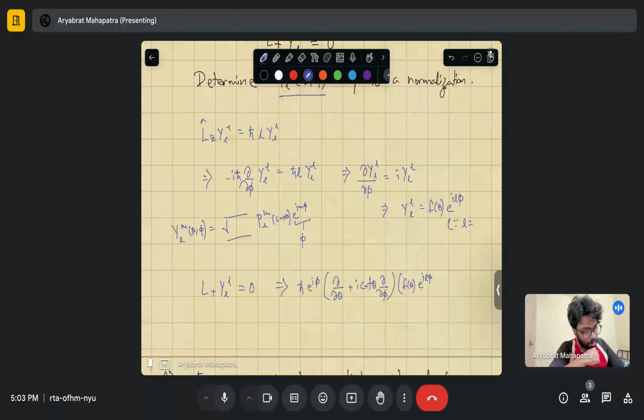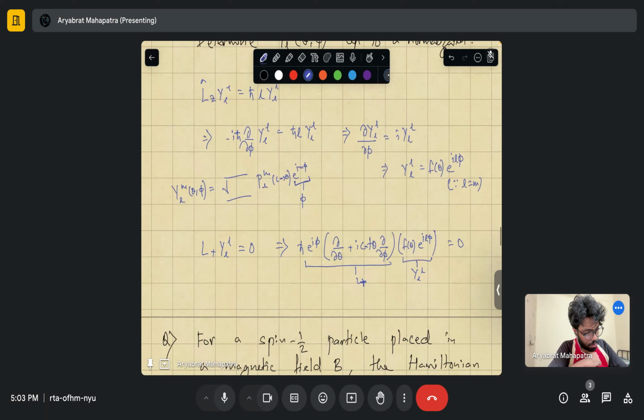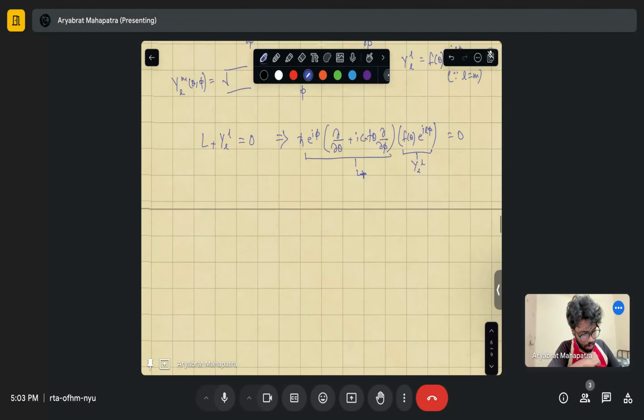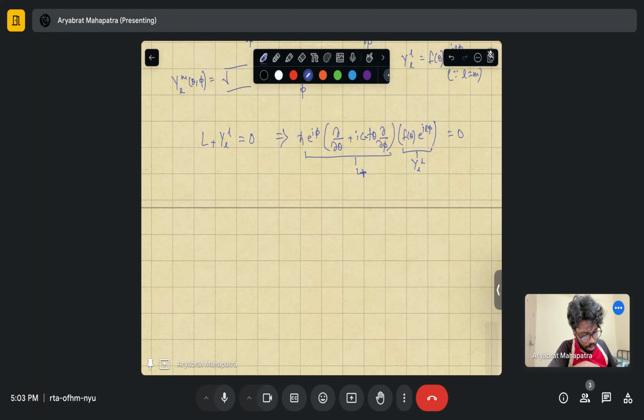Since L equals m, it would be e to the power iL phi, like the i m phi which we are writing here. So when this entire L plus acts on this YLL, it gives you 0. So you can write that differential equation.